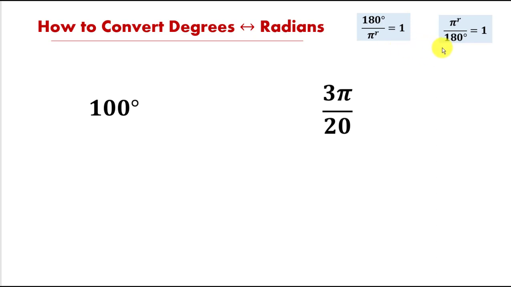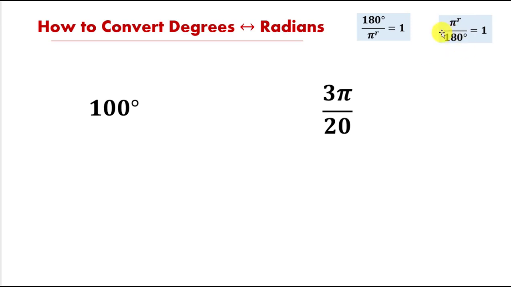So overall, we are not changing the quantity, we're just changing units. Now, which one out of those two we need to pick? Again, we're doing 100 degrees right now. We're trying to get rid of degrees and create radians, right? So think, which one do I need to use so that degrees are cancelled when I perform multiplication? Well, that's going to be the second one, because here we have degrees in the denominator.